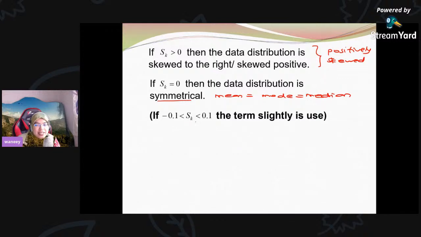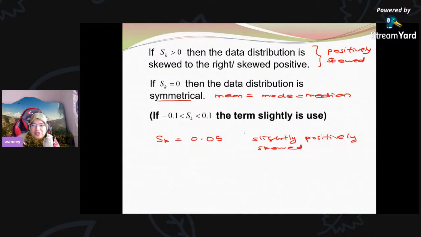If SK is between negative 0.1 and 0.1, then the term slightly is used. For example, if you calculate and get 0.05, then you must write down slightly positively skewed, or slightly skewed to the right.